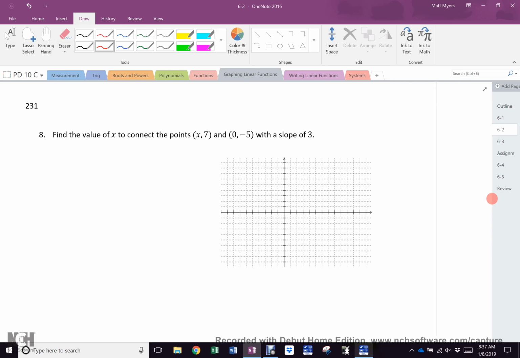I will do both algebraic versions, making both x's and y's, y1 and y2, and I will do graphically.